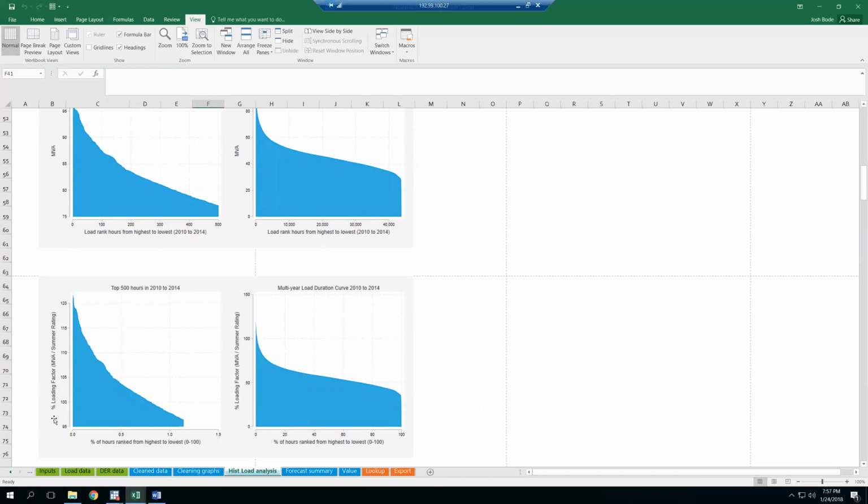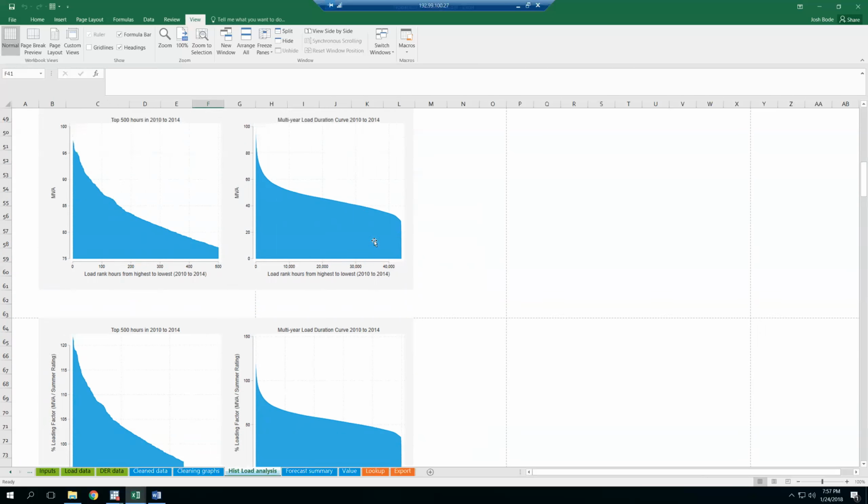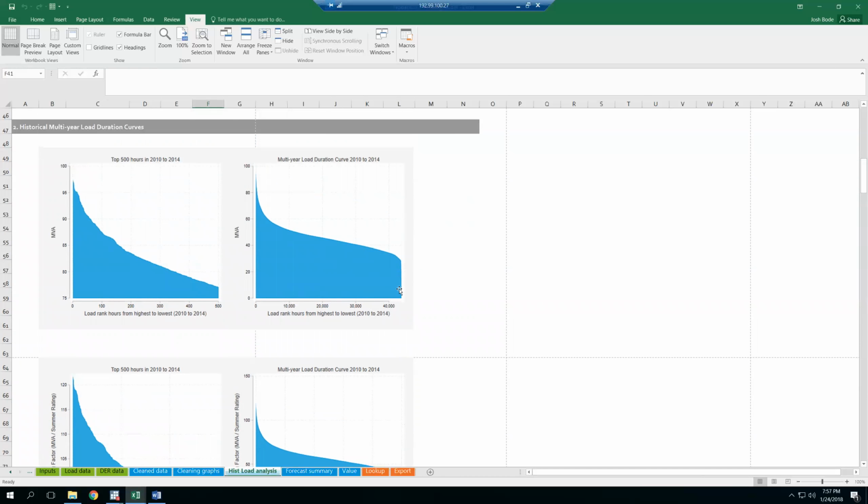In both cases, we show the top 500 hours as well as the full time frame. This is a 5-year time frame, so it's actually 40-some odd thousand observations. So that's the concept behind it.